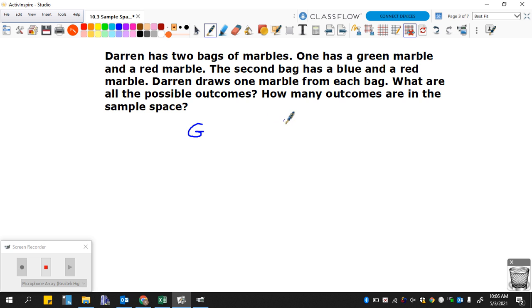A green marble or a red marble. If he draws a green marble, he can draw a blue one, or he can draw a red one. If he draws a red one, he can draw a blue one, or he can draw a red one. So how many outcomes are there? 1, 2, 3, 4. So there are 4 possible outcomes.